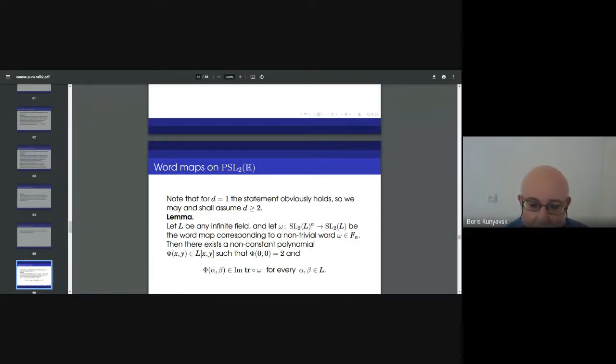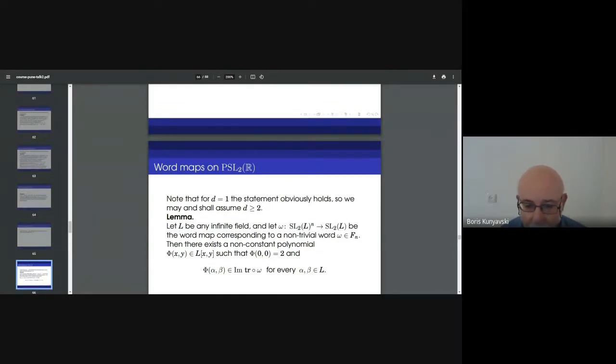Then I claim that there is a non-constant polynomial in two variables such that its value is 2 at the origin, and for all alpha and beta, the image of the composed map, trace map and our word map, contains all values of this polynomial.